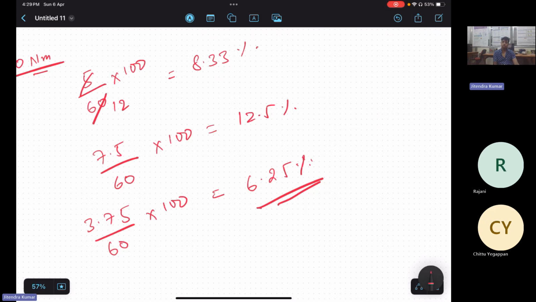If you want optimum performance, then of course all three factors, A, B, C, would be correct, because a 6.25% loss in torque is also significant. You have to choose whether 8.33% is high enough.